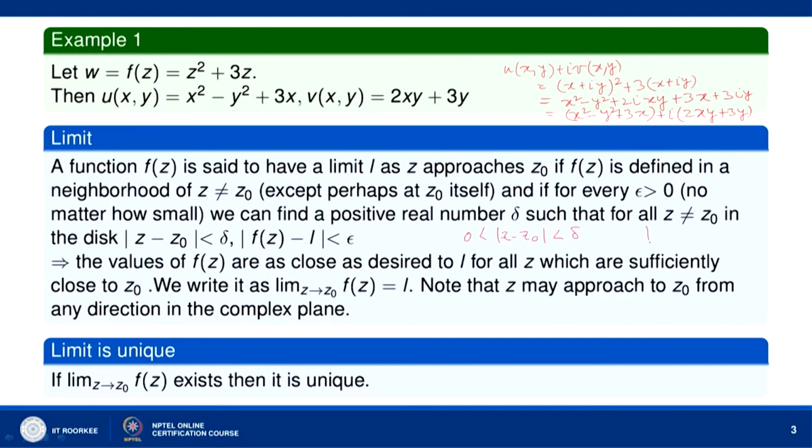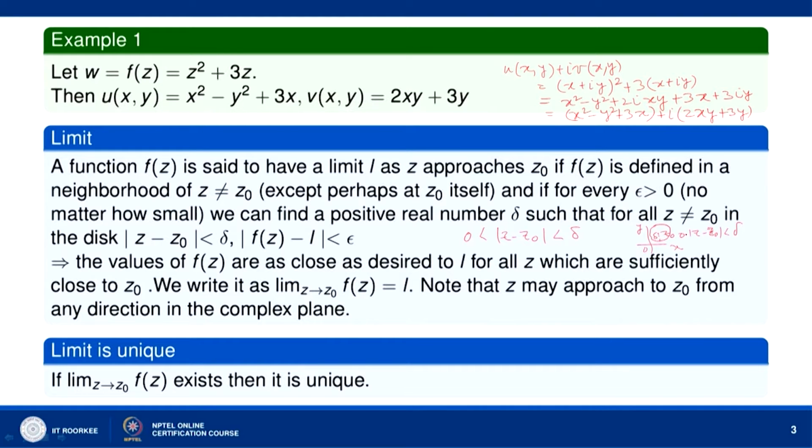See, you take the complex plane. If z naught is a point here, then you construct an open circular disk with center at z naught of radius delta. Then the open circular disk is mod of z minus z naught less than delta. Now, we are considering the set of all z such that mod of z minus z naught is less than delta, but z is not equal to z naught.